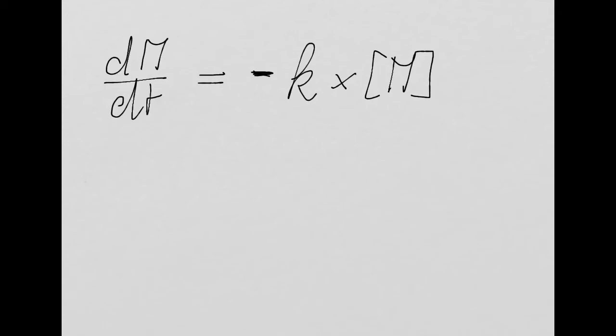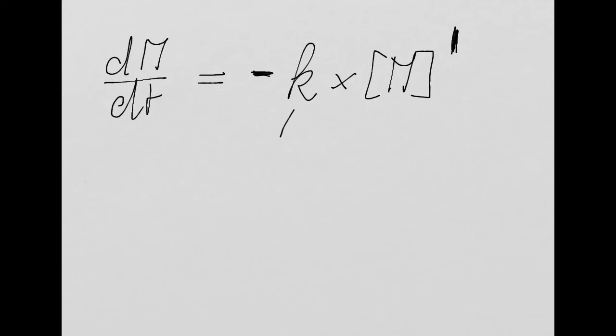So now our rate equation, that is the general rate equation, looks like minus k times m to the power of 1. Usually people don't write power of 1. K times m to the power of 1. Now some basic terminology.